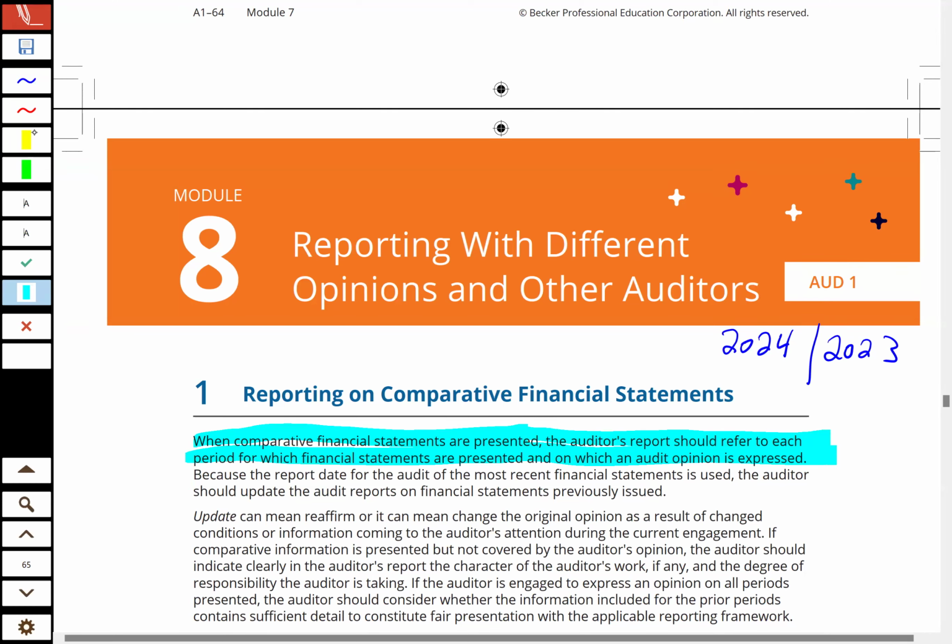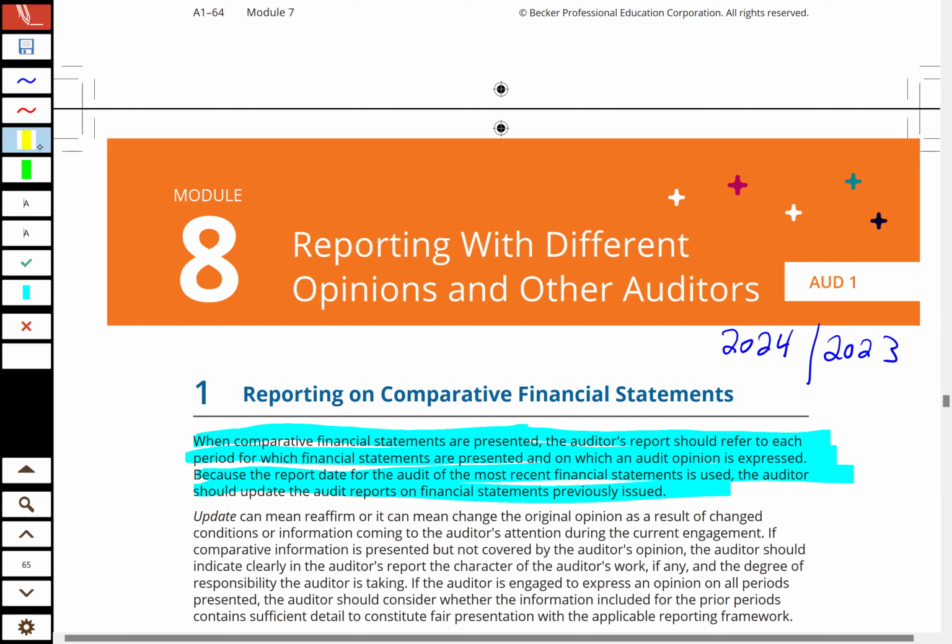And we say that because the report date for the audit of the most recent financial statements is going to be used, the auditor should update the audit reports on previous statements issued. Now, update is a fancy word for saying, hey, look, if you haven't had anything that would cause you to want to change your opinion from that previously expressed, you simply reissue your opinion. But you must call out both years in the audit report when you have comparative statements.